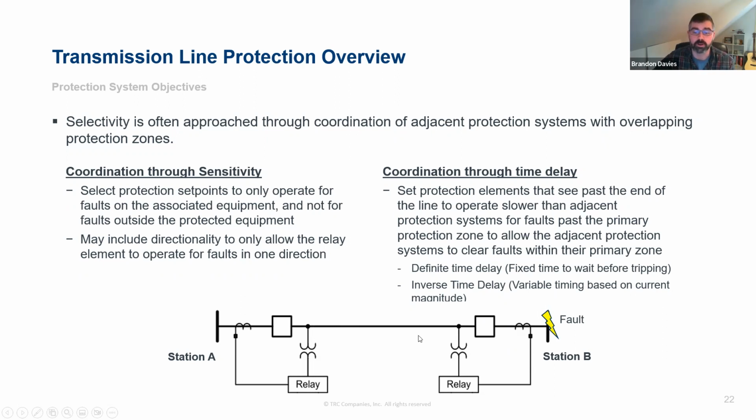And if it sees a lower current for a fault that's further away, it's going to operate slower. So coordination with inverse time characteristics gets a little more complicated, but it's a pretty handy tool, because with that same element you can operate fast for things that are close and slower for things that are further away, which meets those coordination through time delay objectives.